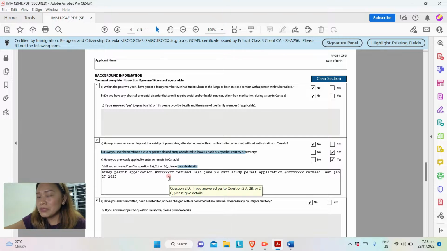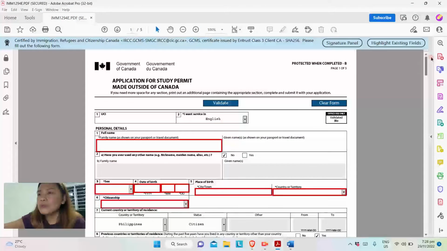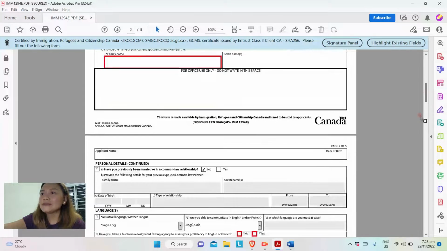Their previous application was just depending on my application, so it's really not a big deal. But for the main applicant, you have to answer this, because first of all, you are 18 years and above. All right, so the student permit applicant and the student permit minor applicant will have the same form, just different answers. Okay.